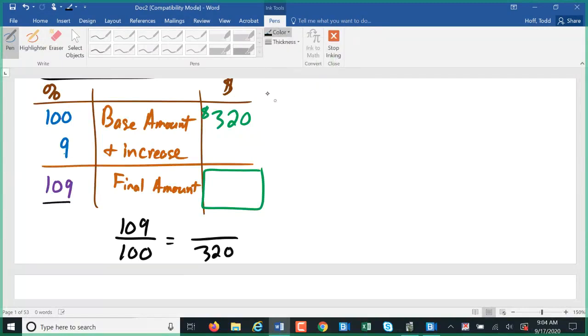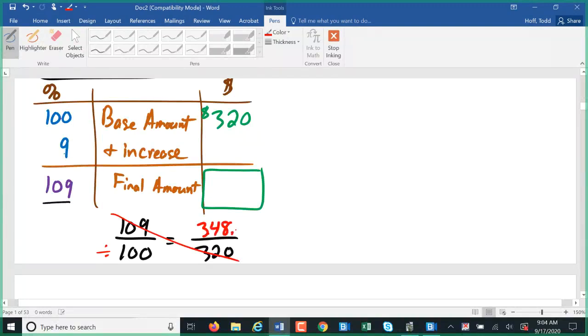Here, if we had cross multiplied and divided, what we would have got here was the $348.80. Now, in a problem like that one, it's just as easy to just find the 9% and add it on.